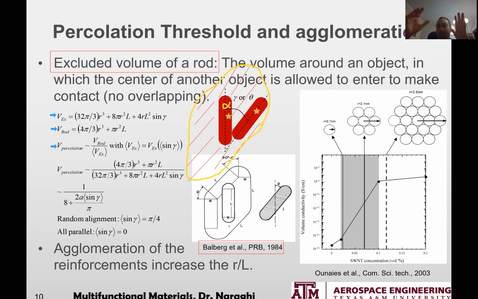In this assumption, the spacing between them is 0, so we're not considering that exponential function. But if we add that, we can add this spacing and consider a higher excluded volume, which would correspond to a lower percolation threshold. I will continue in the next slide.